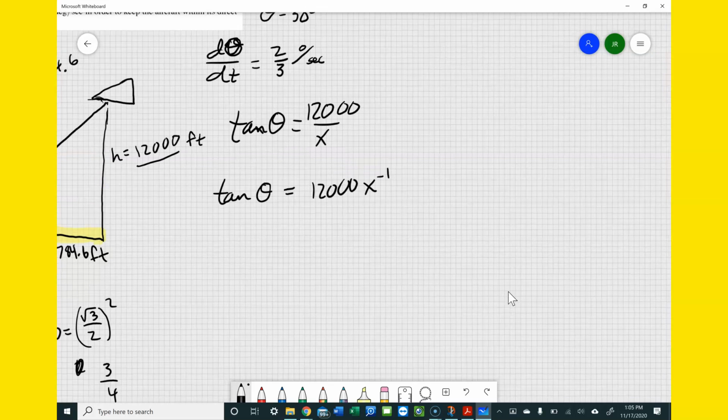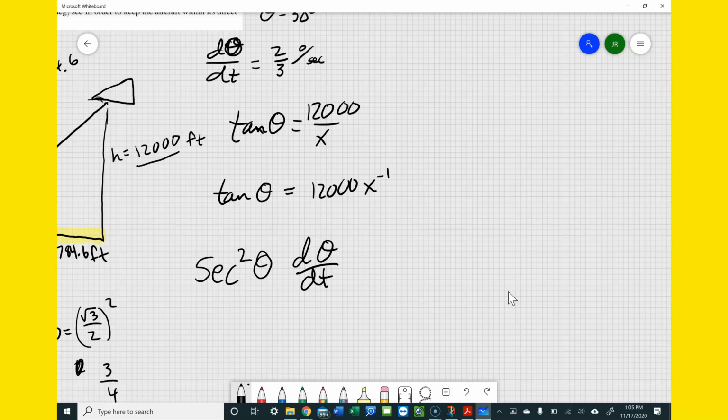All right, the derivative of tangent is secant squared theta. And then chain rule says d theta dt equals, bring the negative 1 in front, it becomes negative 12,000 x to the negative 2. But if you don't mind, instead of x to the negative 2 right there, I'm just going to say divided by x squared dx dt.